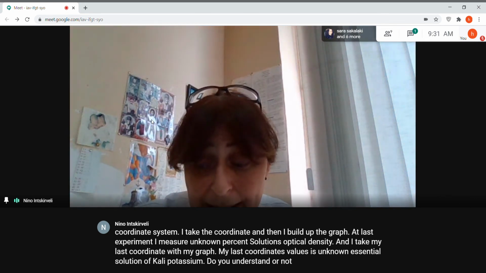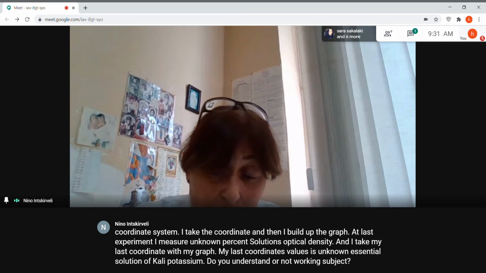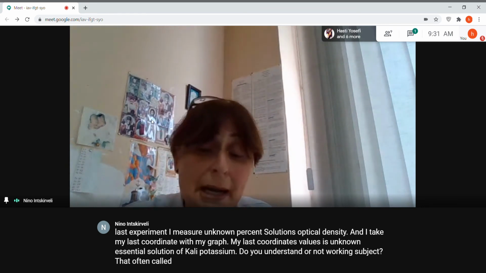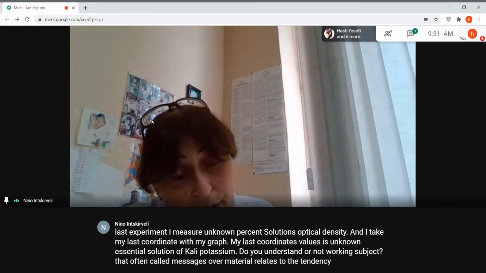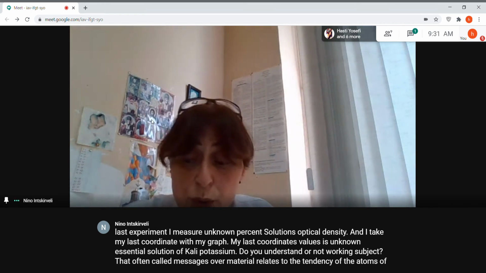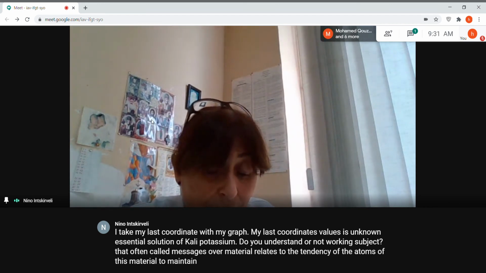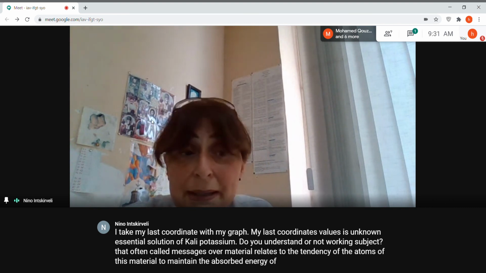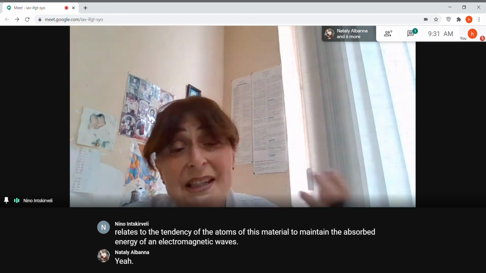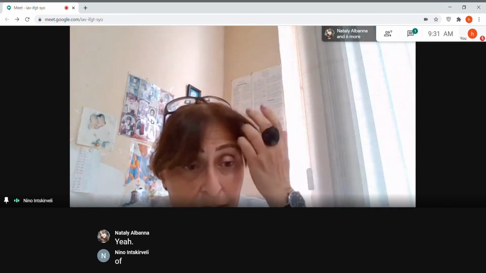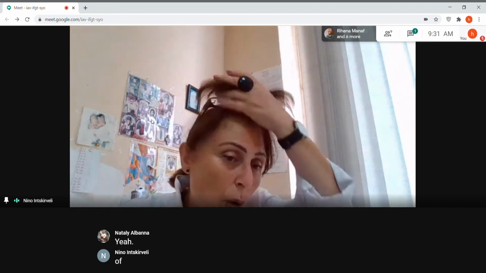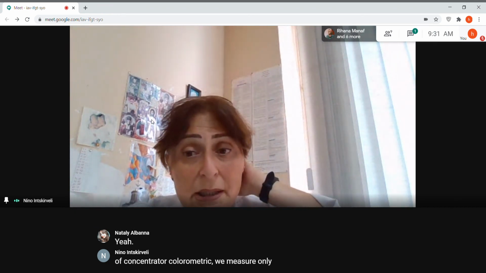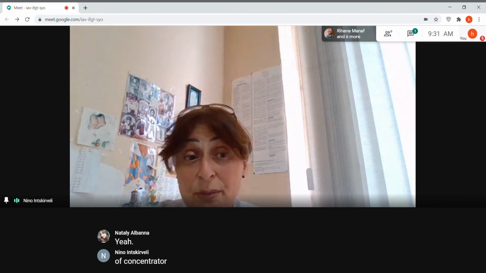What is optical density? The optical density of a material relates to the tendency of the atoms of this material to maintain the absorbed energy of electromagnetic waves. With the device of concentrated colorimetry, we measure only optical density. Where do we use this method in medicine?